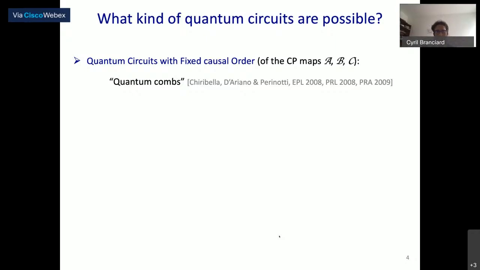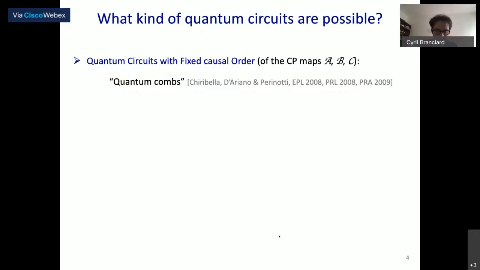And it has been studied in terms of quantum supermaps, or it's also called quantum combs or quantum strategies. That's essentially the standard paradigm when we talk about quantum circuits, or when we used to talk a few years ago about quantum circuits.